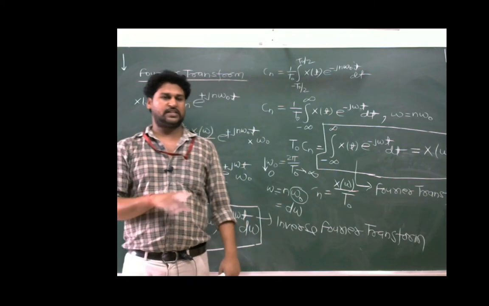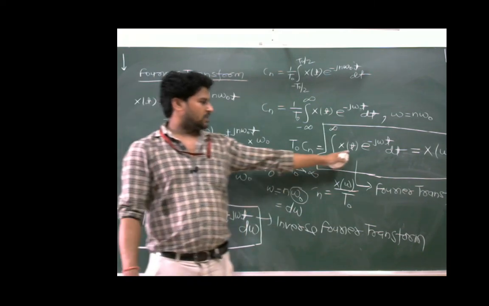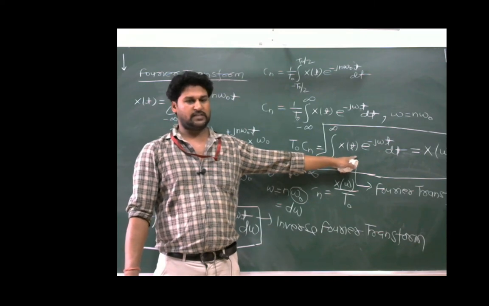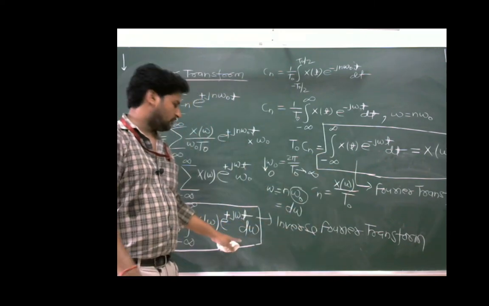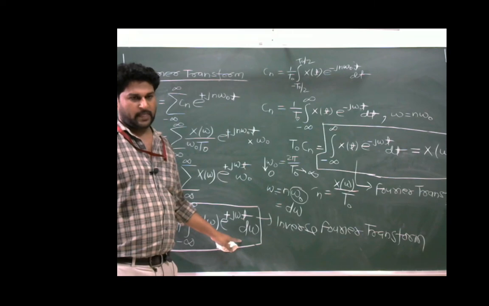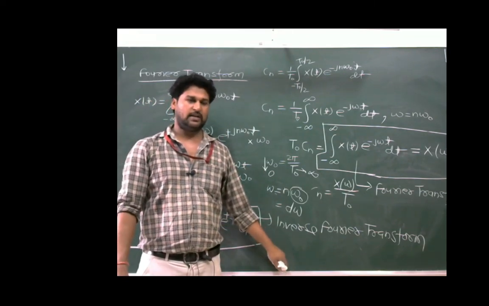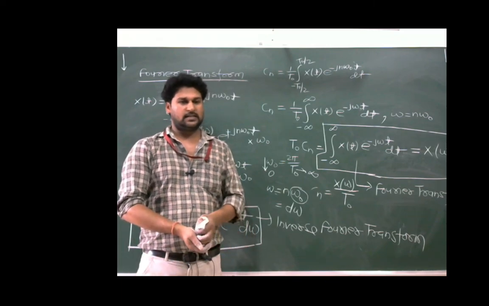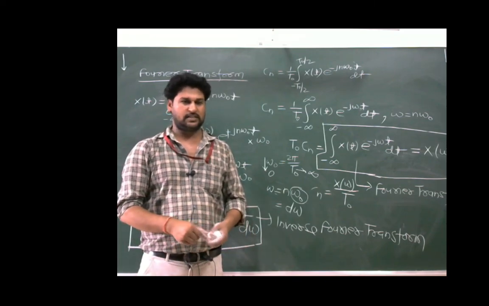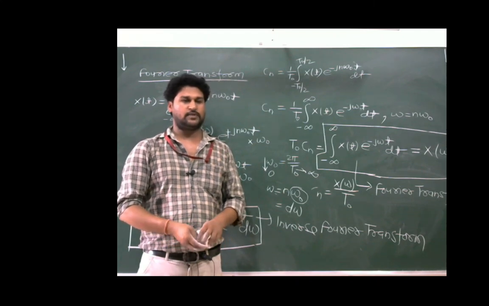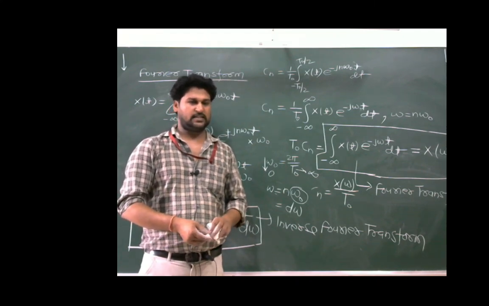This transformation is called the Fourier transform, and this is called the inverse Fourier transform. So this is all for this lecture. In the next lecture we will discuss the conditions for the existence of the Fourier transform and the Fourier transform of some basic signals.